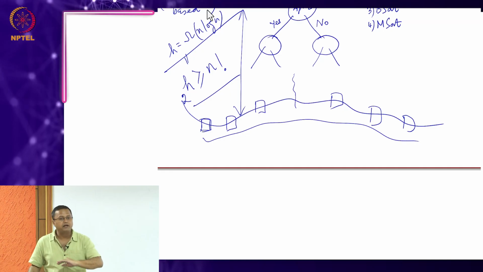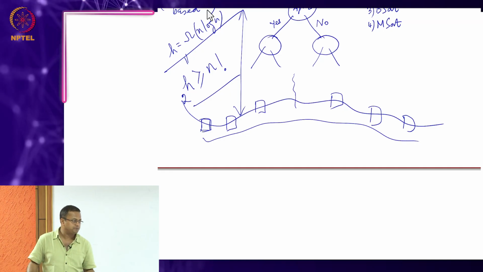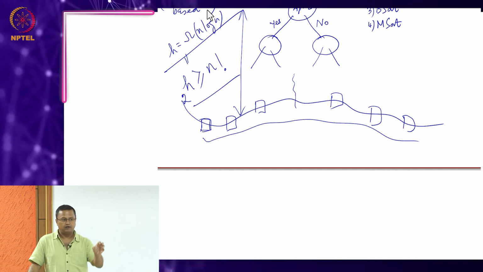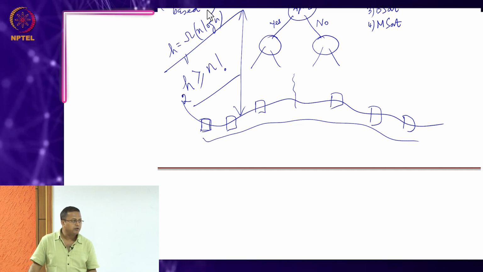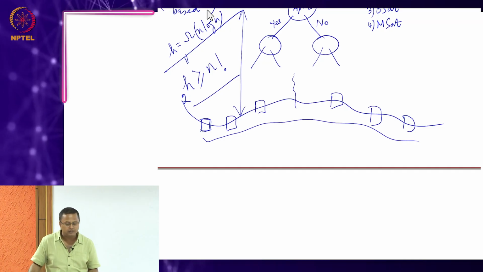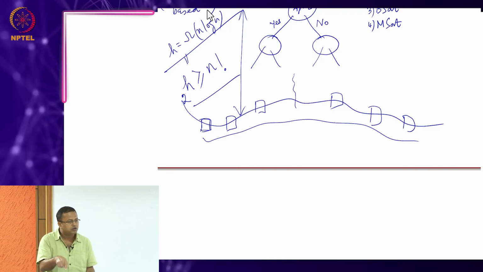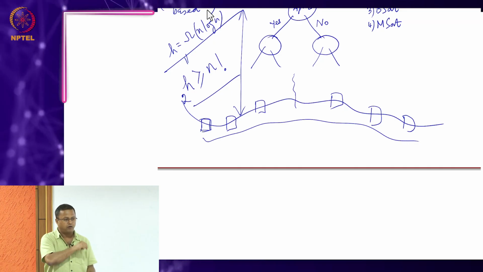So, I have given you an idea of a lower bound on time. This is an impossibility result, that you cannot sort in time less than n log n.